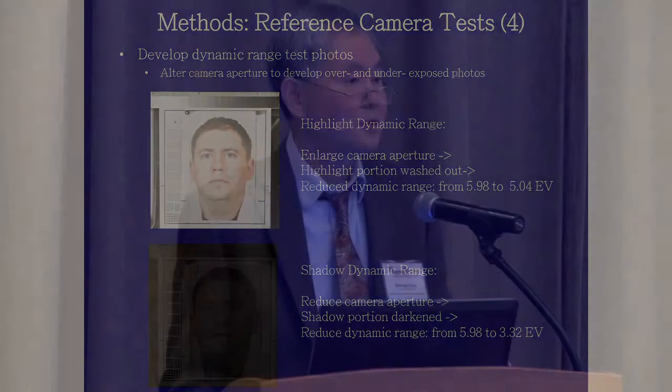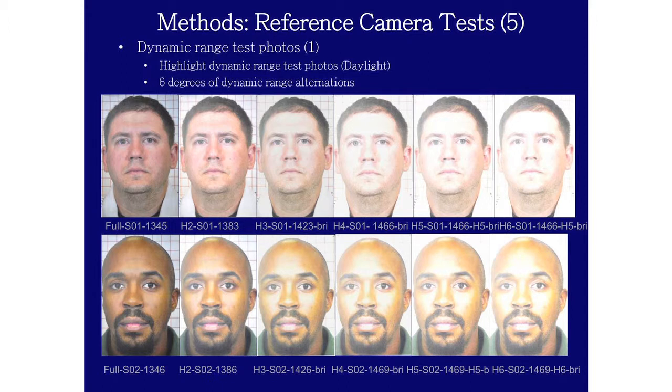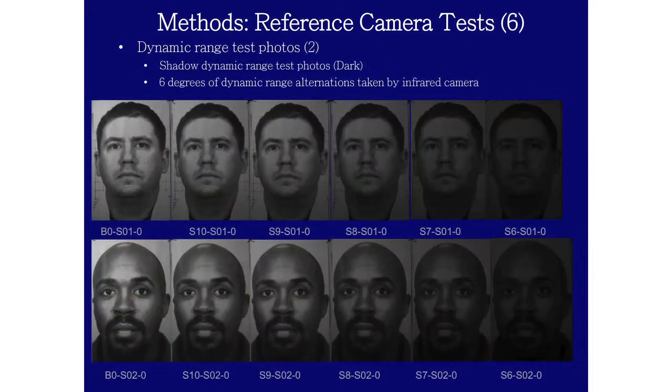EV is the exposure value. And these are the dynamic range test photos we sent to the photo evaluators. These are the overexposed photos. We call this the highlight dynamic range. And here are the underexposed photos we send to the photo evaluators. We call these the shadow dynamic range photos.